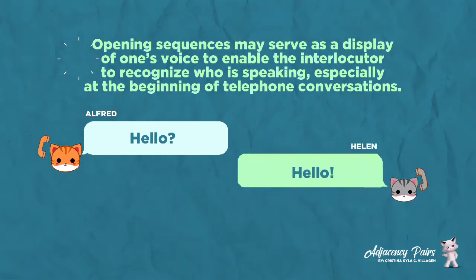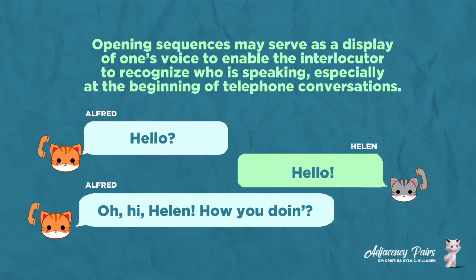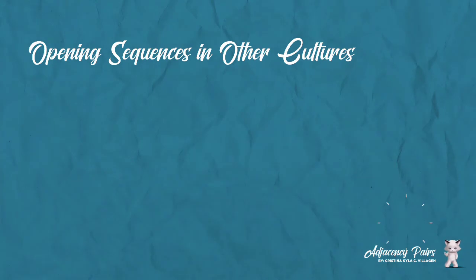In the second turn, Helen displays her voice to enable Alfred to recognize her. In the third turn, Alfred indicates his recognition and simultaneously provides the second part of the greeting adjacency pair initiated in the previous turn.